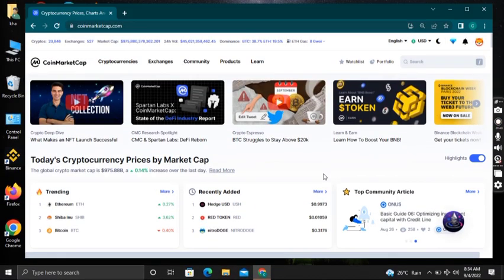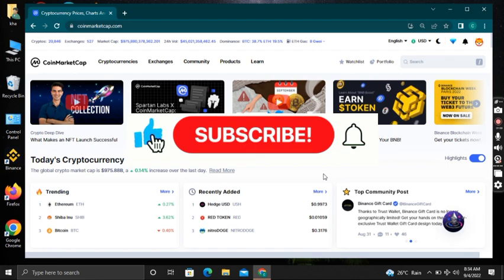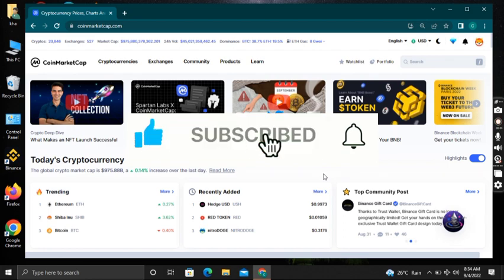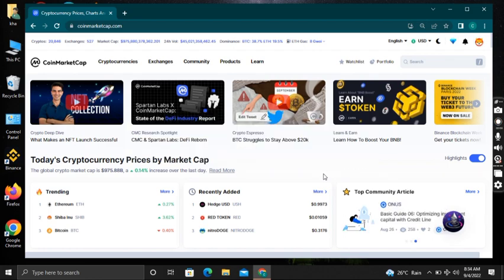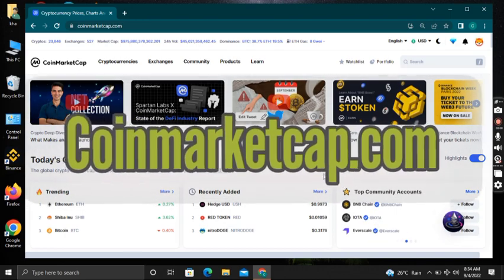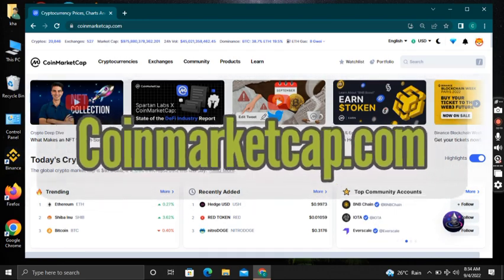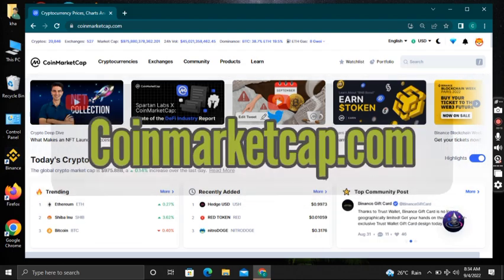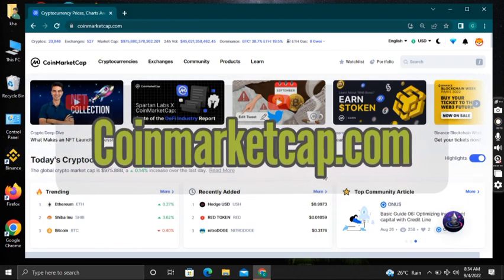On this quick one, I want to show you the cryptocurrencies you can buy and sell from a particular exchange to another exchange. Basically, we'll be making use of this first platform called coinmarketcap.com. CoinMarketCap is a crypto market platform. It focuses on market prices of different cryptocurrencies.